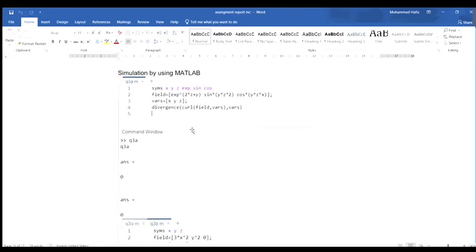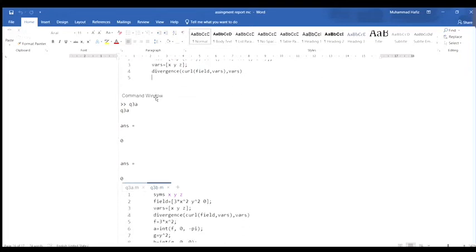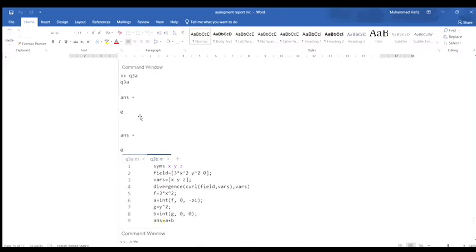This is my MATLAB. I use the curl, field, and divergence functions to get the curl and get the answer the same as question 3a.